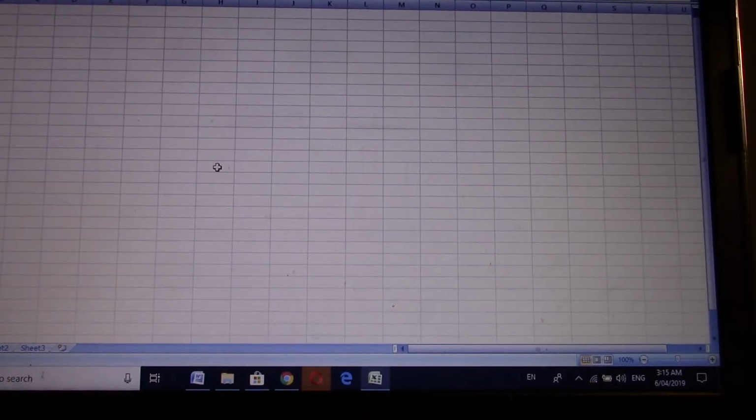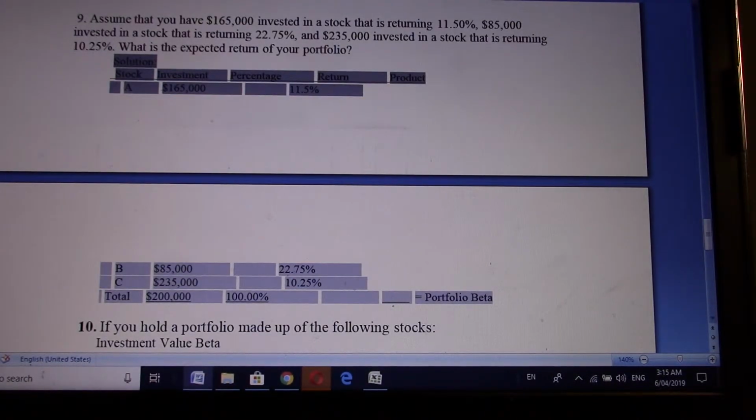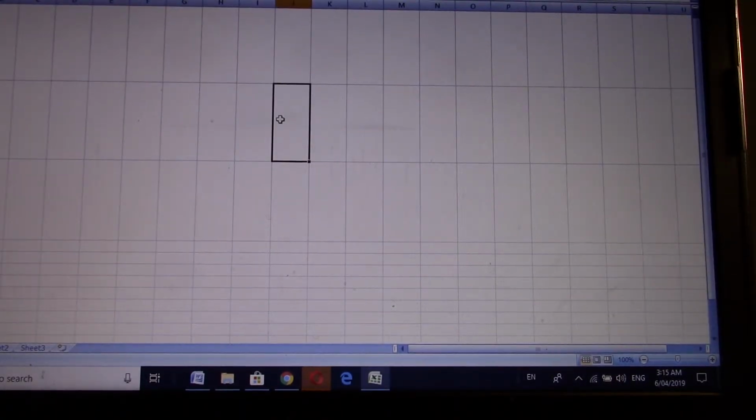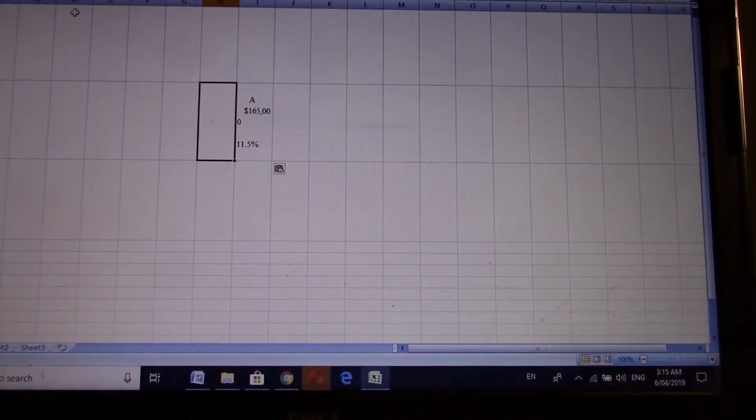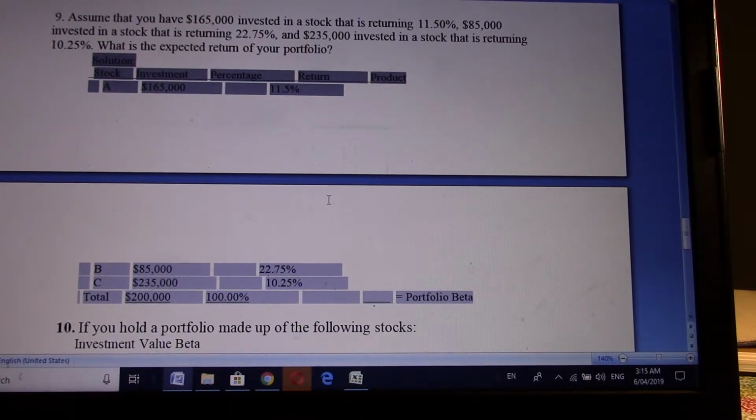No, it's not working. No, but anyhow, let me fill it up and you can do the calculation yourself here.